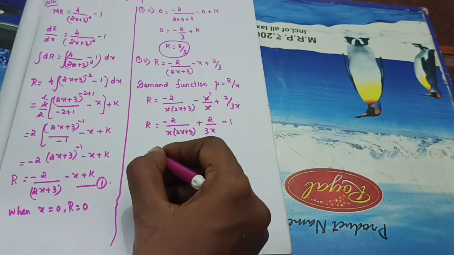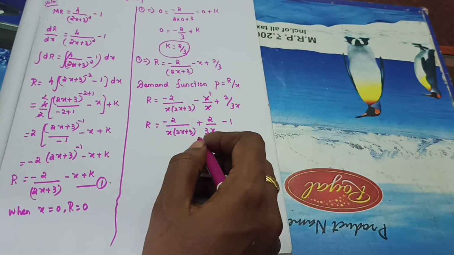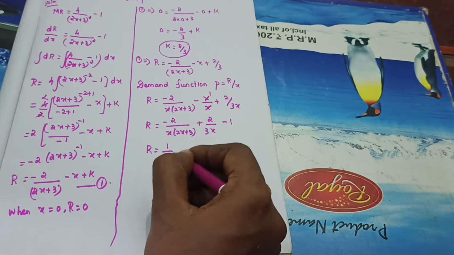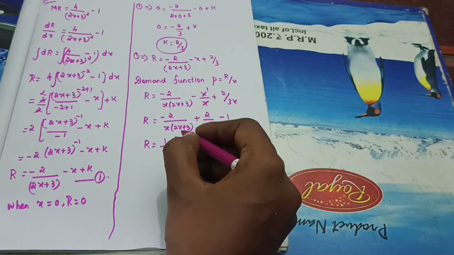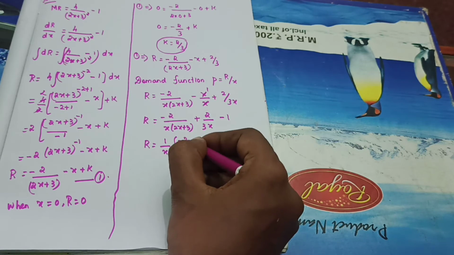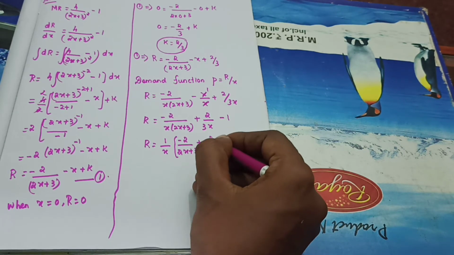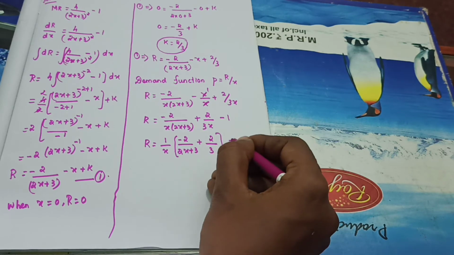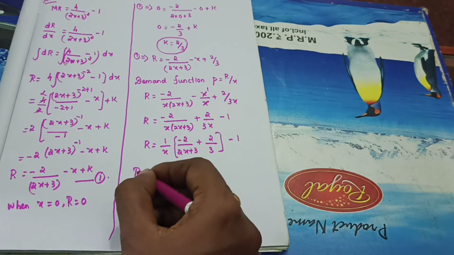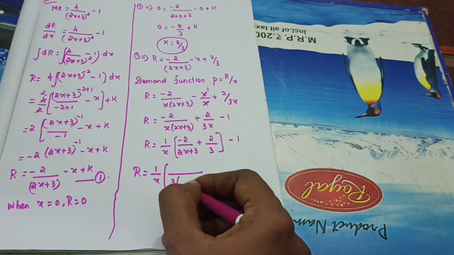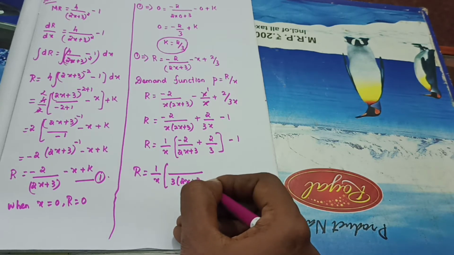So what, can we take anything common? Yes. So 1 by x you can take it common in the first two terms. So minus 2 by 2x plus 3 plus 2 by 3 minus 1. So take the LCM, 1 by x into 3 into 2x plus 3 is the LCM.